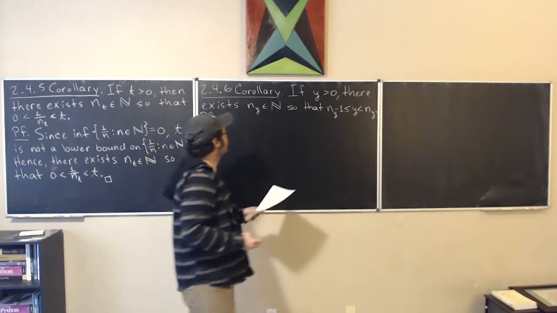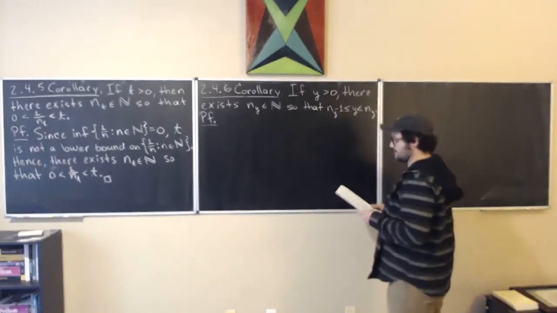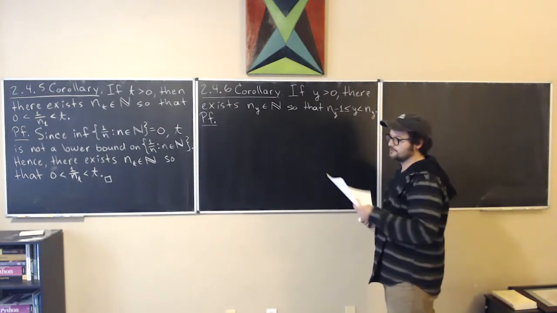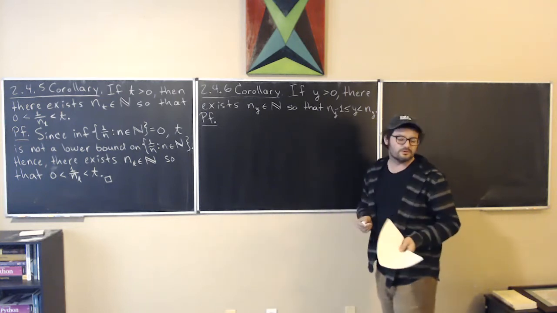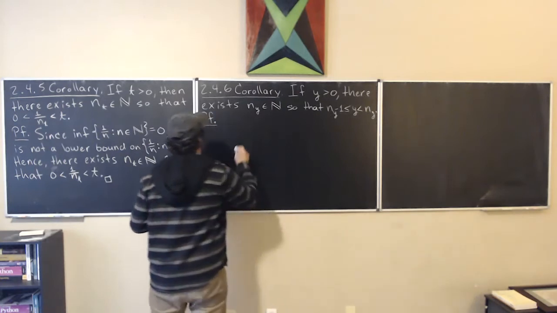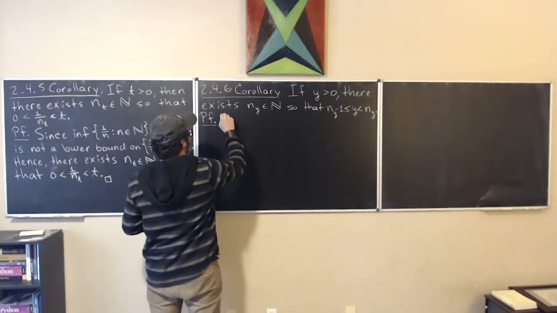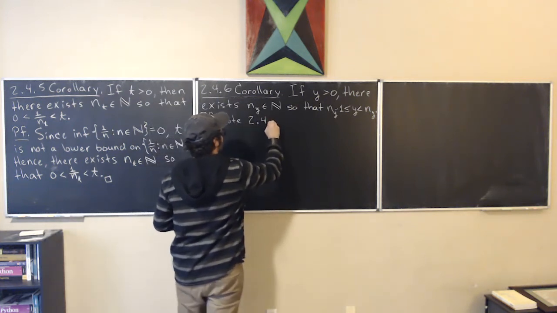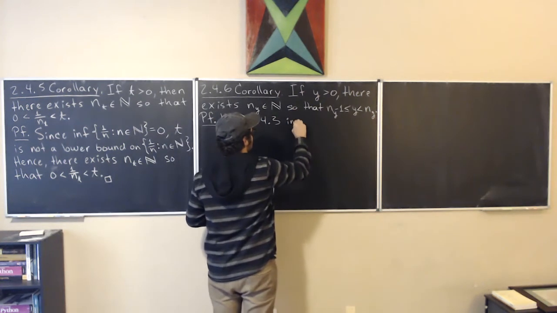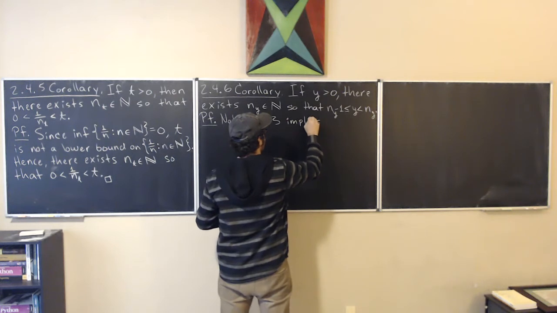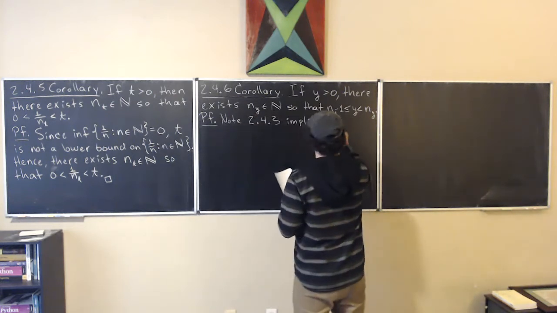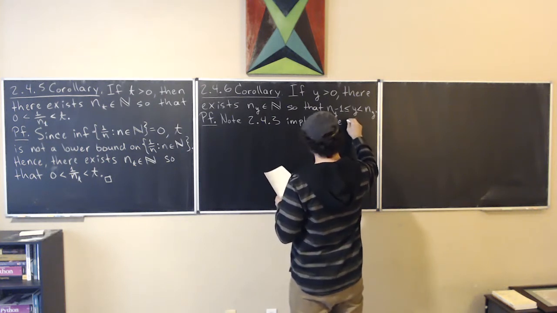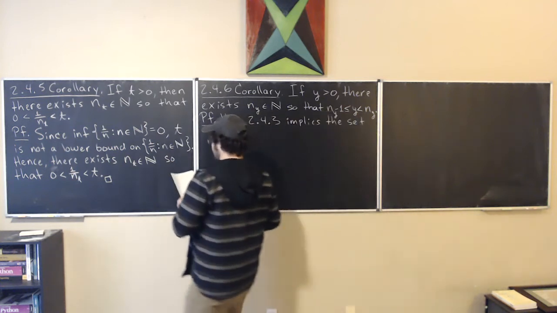So notice that there is some natural number that's larger than y by the first Archimedean property that we proved, 2.4.3. So note 2.4.3 implies the set, I'll call it E of y.